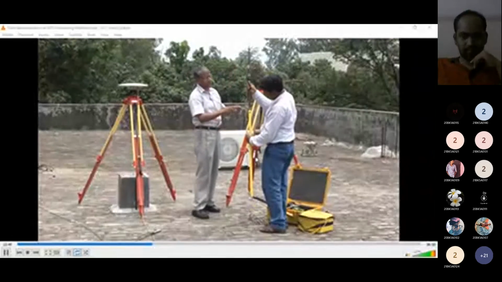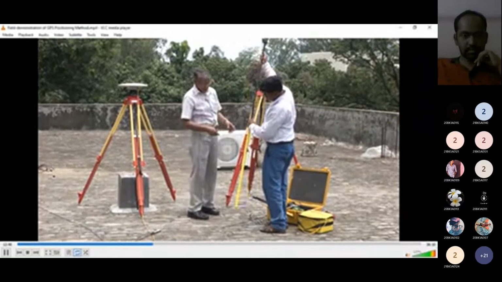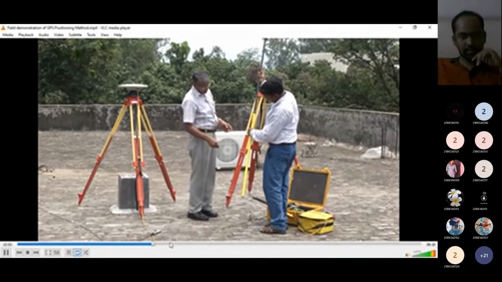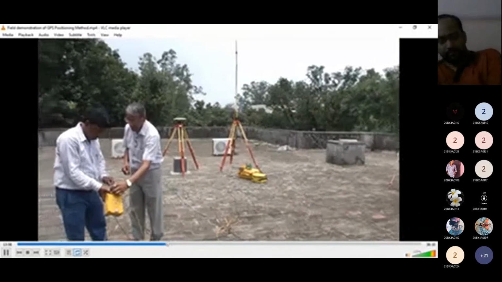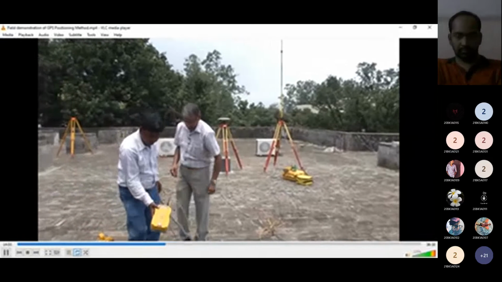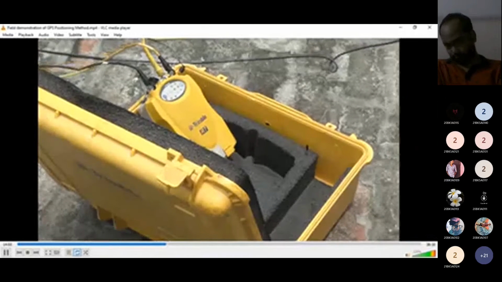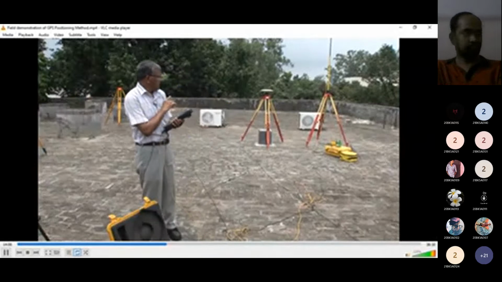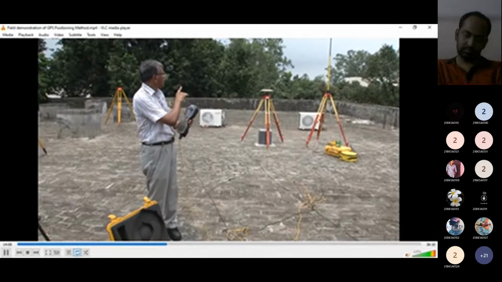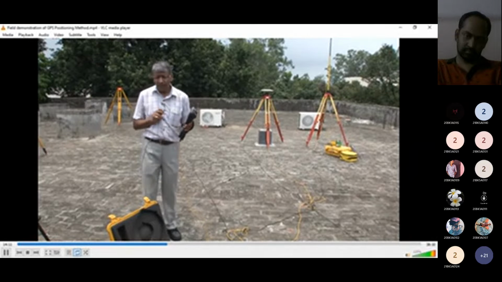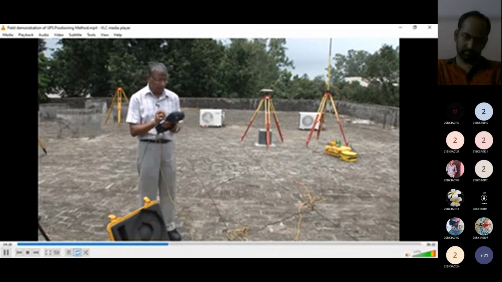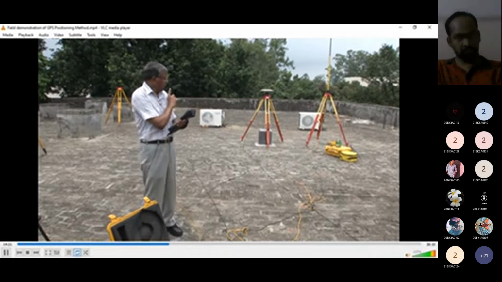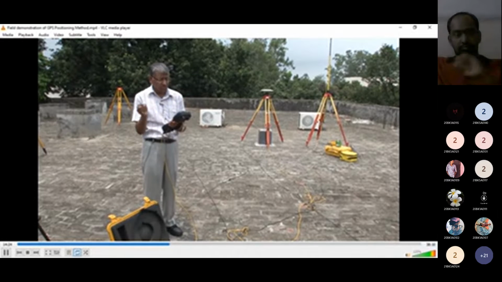So this is an arrangement so that no bird can strike on it. The receiver, this is the receiver. After getting our receiver and the communication antenna installed, we have to go for our field software to be operated to communicate from reference station to rover station.